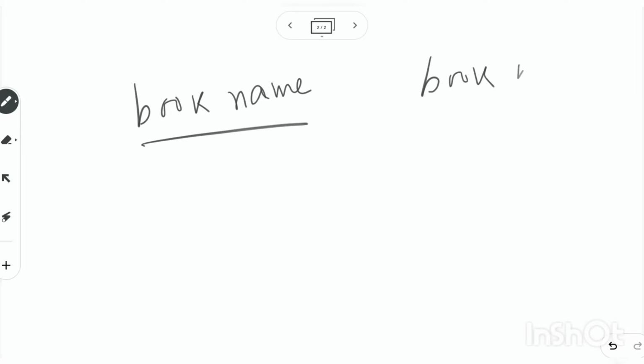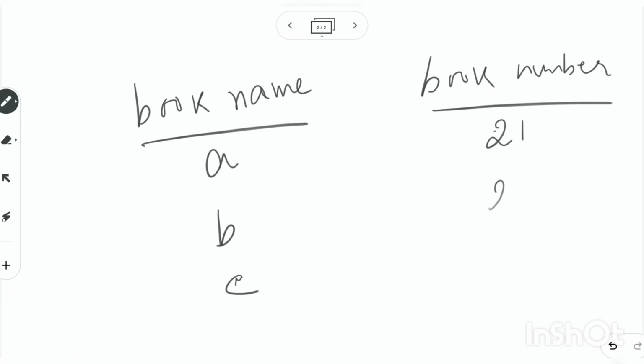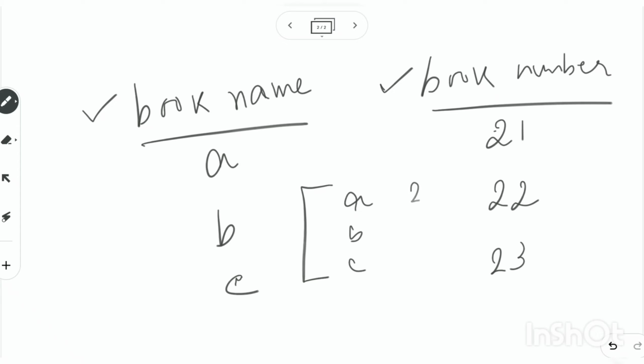There's a book name, suppose A, B and C, and the book number according to the book name is suppose 21, 22 and 23. Now if we express this book name and book number in a rectangular array, that is A, B, C and 21, 22, 23 in this way, so this is basically nothing but a matrix, right?